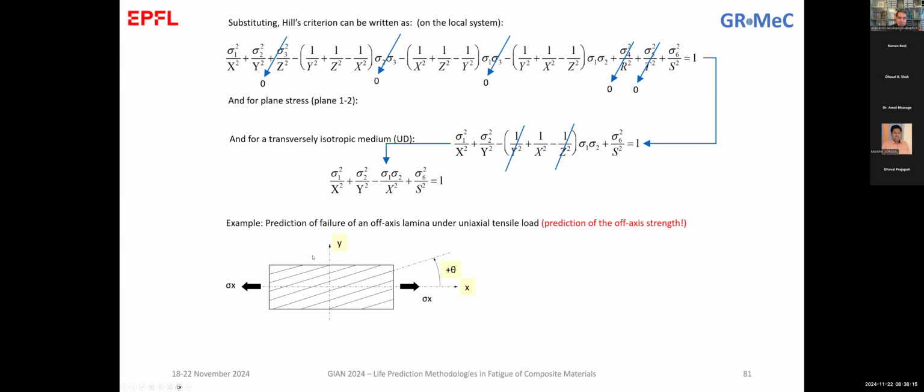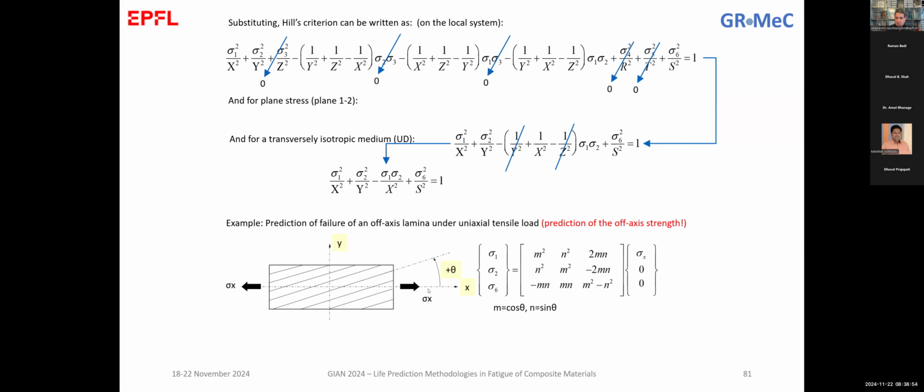And this equation can be used to estimate the off-axis stress at any angle theta if we consider the tensorial transformation of stresses. So imagine if you have a material that is loaded only with this load at an off-axis angle, then the principal stresses, or the stresses in the local system of the material, so along the fibers and transversal to the fibers, can be calculated by this simple equation, where M and N are the cosine and the sine of the angle theta that is characterizing the off-axis direction.